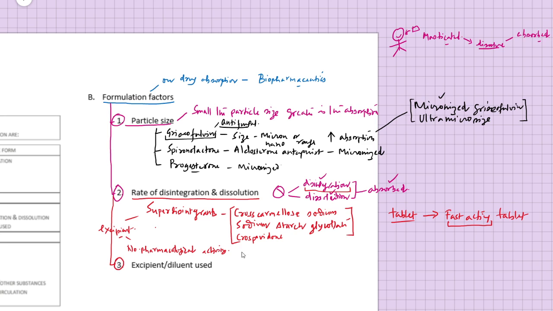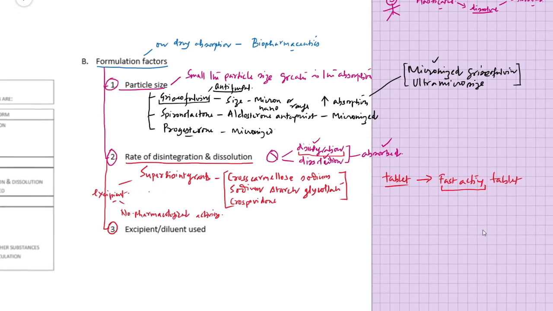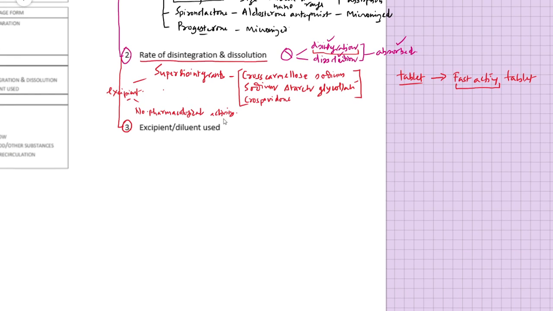The third one is excipients or diluents used. So one of the excipients we have talked about is super disintegrants. Excipients are basically used to increase the stability or increase the bulk of the formulation.